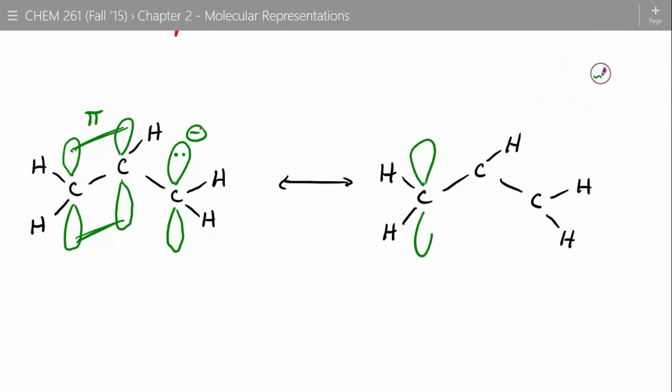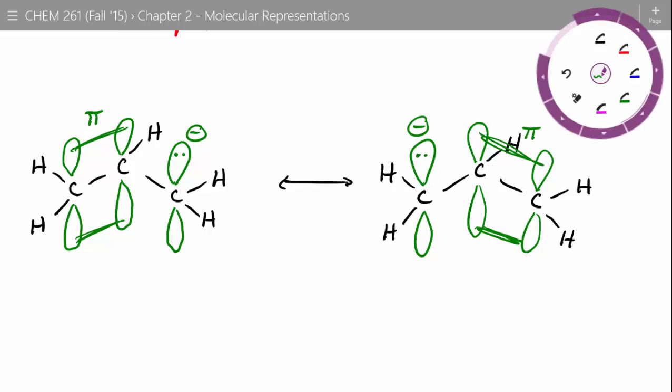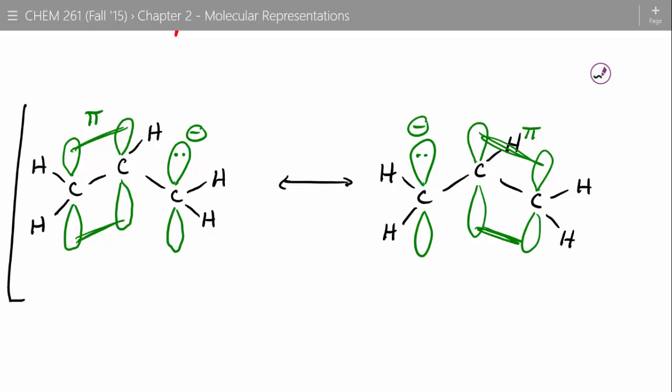Got one sticking up on all three carbons. This time now we've got a pi bond located over here, and we've got our lone pair on the left-hand side. So is the negative charge truly located on this carbon, the one on the right? No, it's shared evenly between the carbon on the right-hand side and the left-hand side. So in this case, each of those carbons has a charge of -1/2.